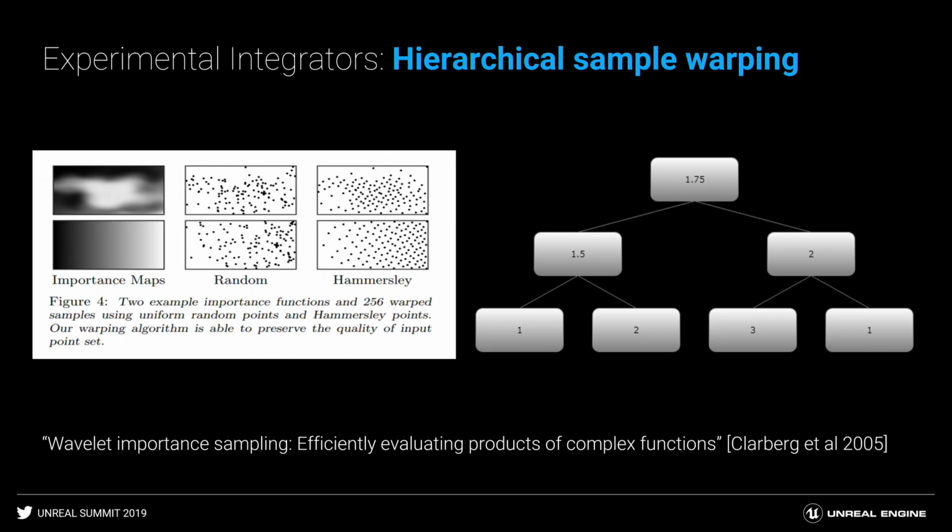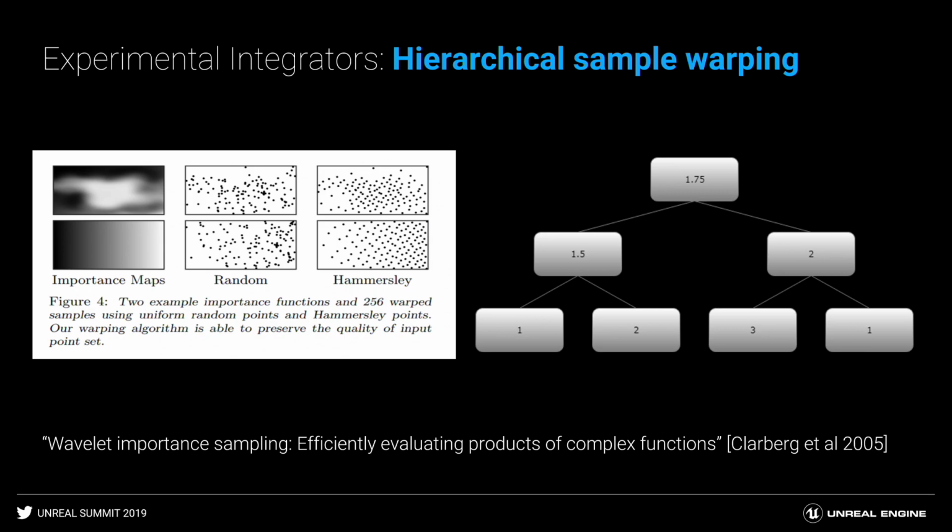It's fairly complicated, so I want to refer you to the authors' wavelet importance sampling paper. There's also a very good example in Ray Tracing Gems, Chapter 16, that's got an excellent description of this method that you should check out. So this is just for reference. Go have a look at it.